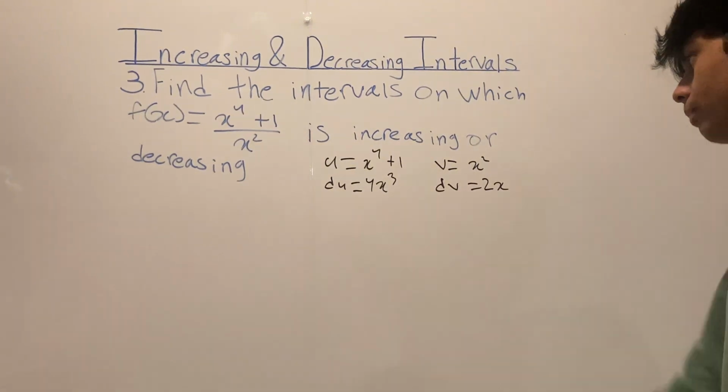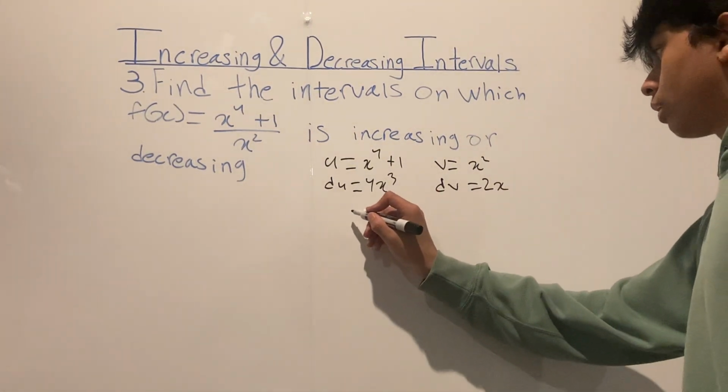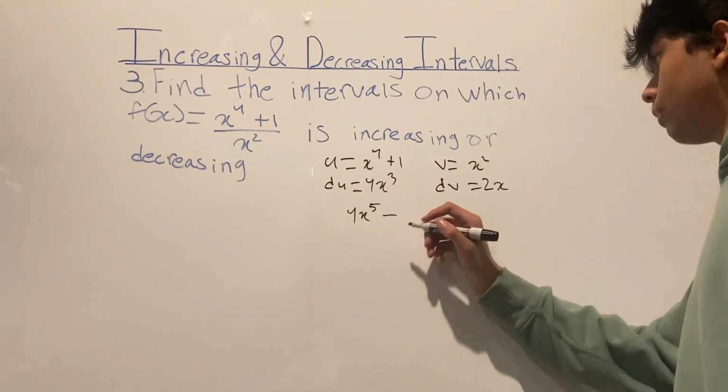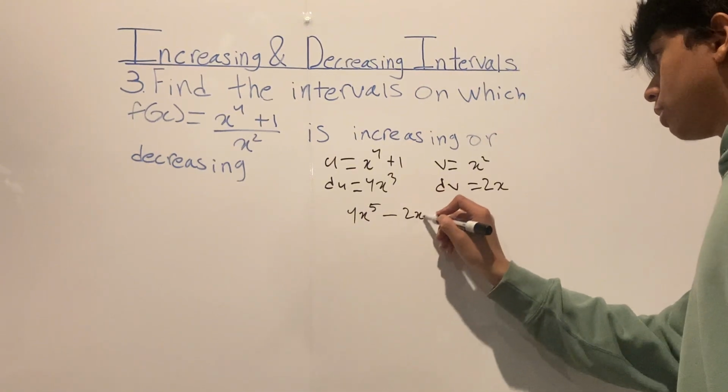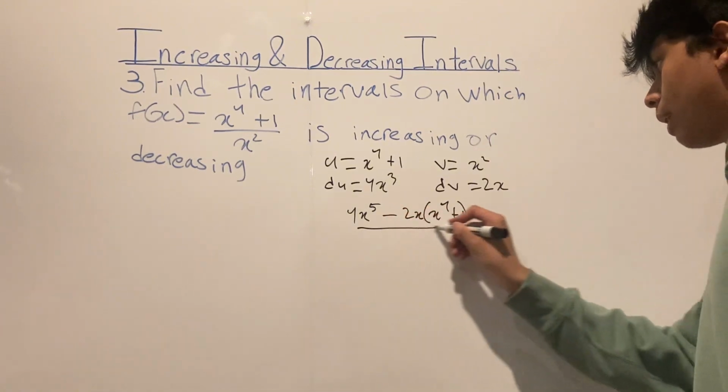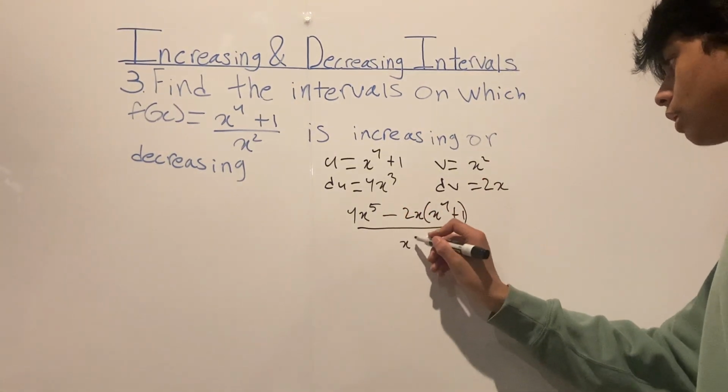So v du is 4x to the 5 minus u dv, which is 2x times x to the 4 plus 1, all divided by v squared, which is just x to the 4.